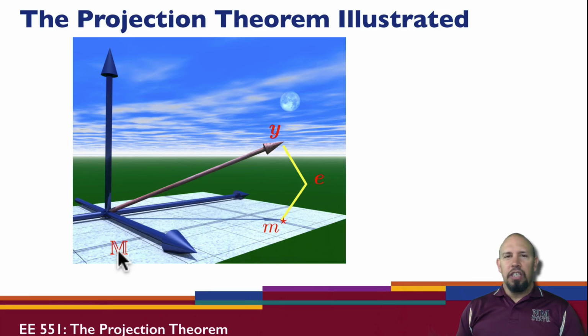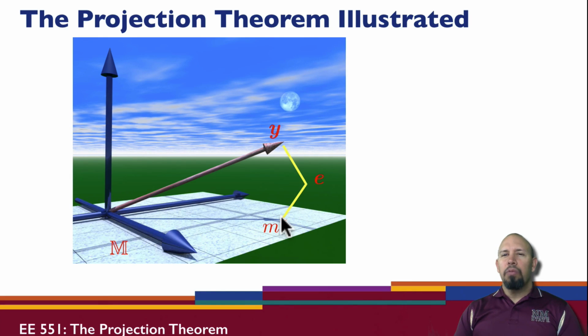So this subspace M is a subspace of the three-dimensional space, and if I draw the shadow of this vector y down onto this plane, then M star is that vector that's the shadow. And so the error, which is the difference between y and M star, is orthogonal. It's perpendicular to that plane. So that's the concept of the projection theorem.